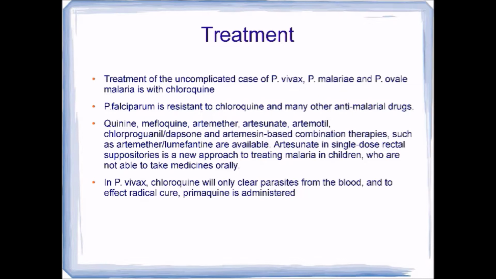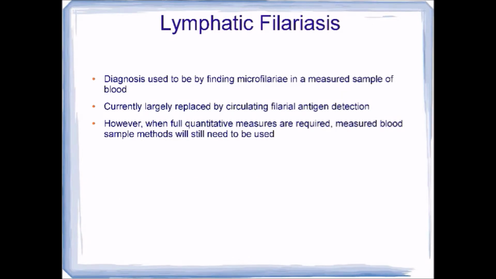administered. The third mosquito-borne disease that will be discussed here is lymphatic filariasis. Diagnosis used to be by finding microfilariae in a measured sample of blood using a thick blood smear, counting chamber or filtration technique, taken during the peak microfilarial output, which generally means collecting samples at night time.